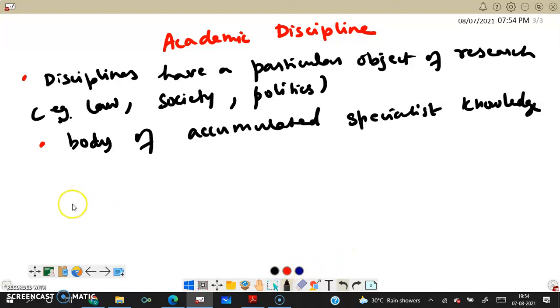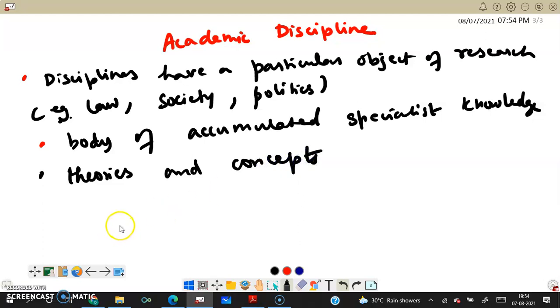So it is specific, specialized knowledge. And then disciplines have theories and concepts, and they organize the accumulated specialist knowledge effectively.